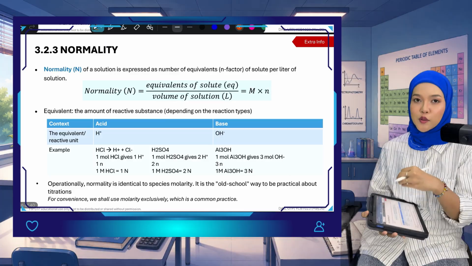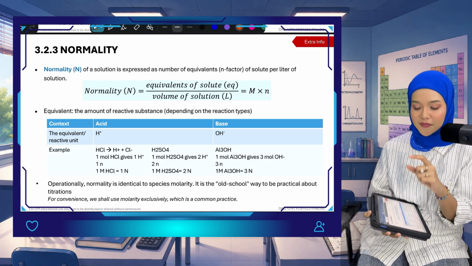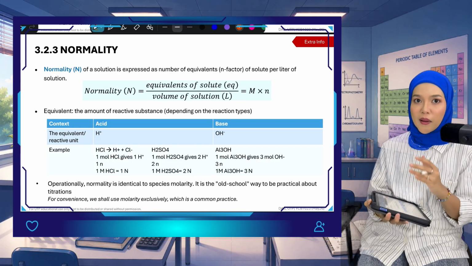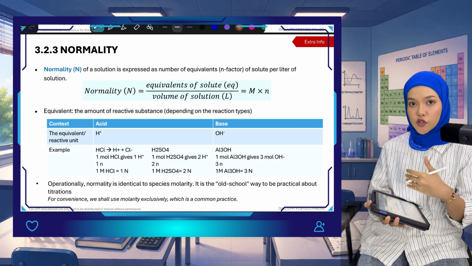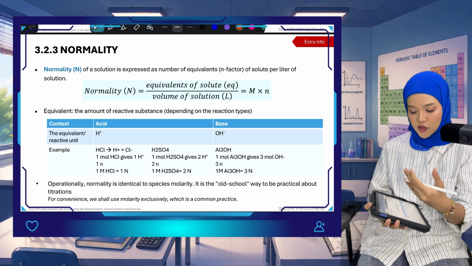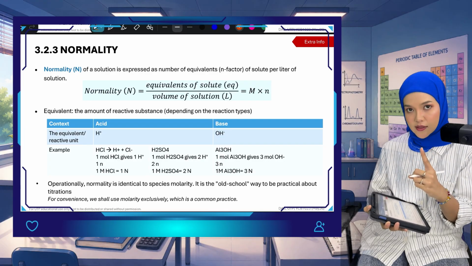Then we are going to look into the second part, which is also extra info. This is normality. Normality is actually another way of expressing solution concentration, but we are looking into the number of equivalents.